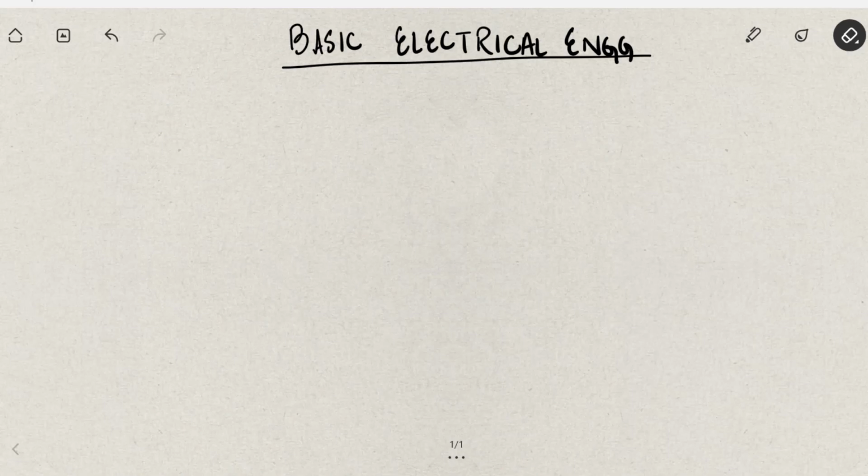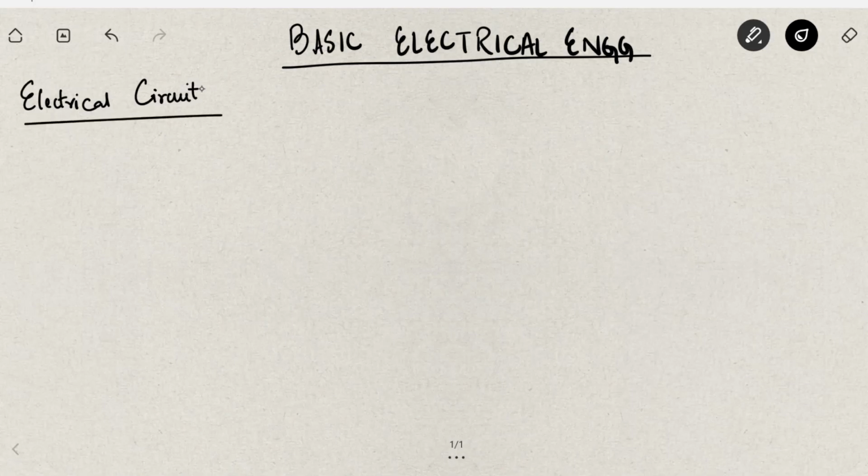To begin with, we'll take a simple definition of an electrical circuit. As far as an electrical circuit goes, we can define it simply as an interconnection of a number of electrical elements.